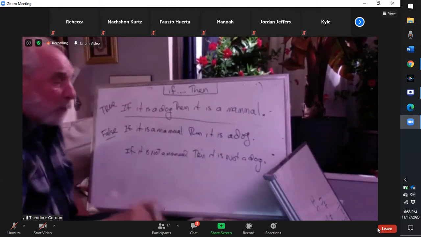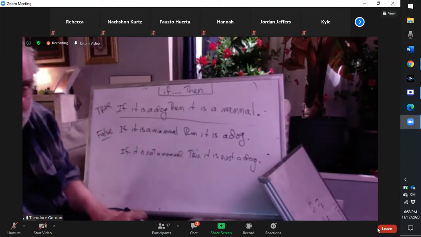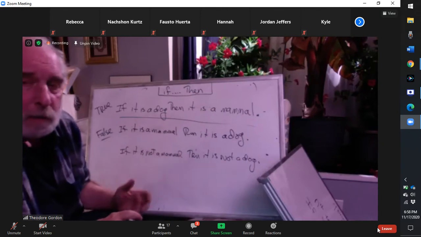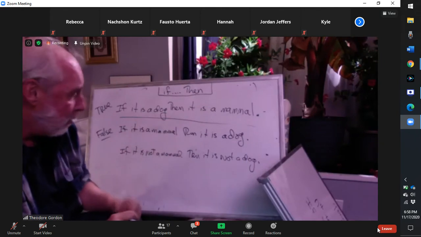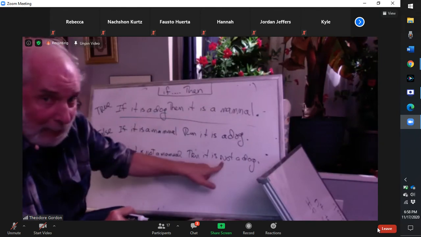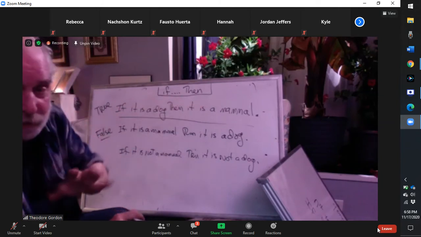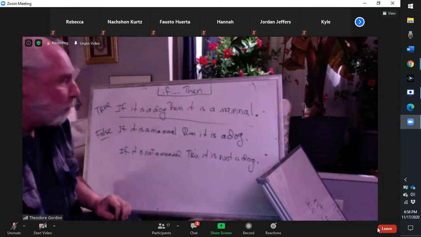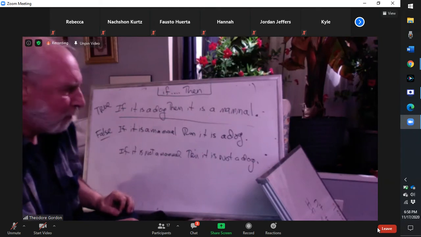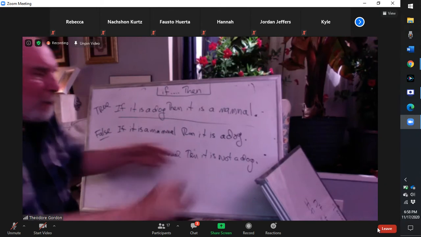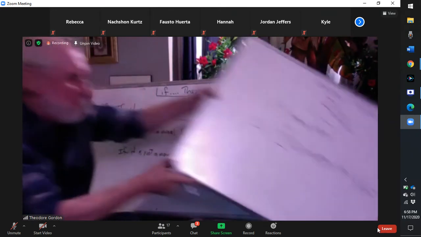So there's rules to an if-then statement. If it's a dog, then it's a mammal, is just another way of saying, if it ain't a mammal, it ain't a dog. So there is a rule to how we can switch these things around. So for those of you going into discrete math, eventually, this is the kind of stuff you do in discrete math. So let's go back to our little rule here.